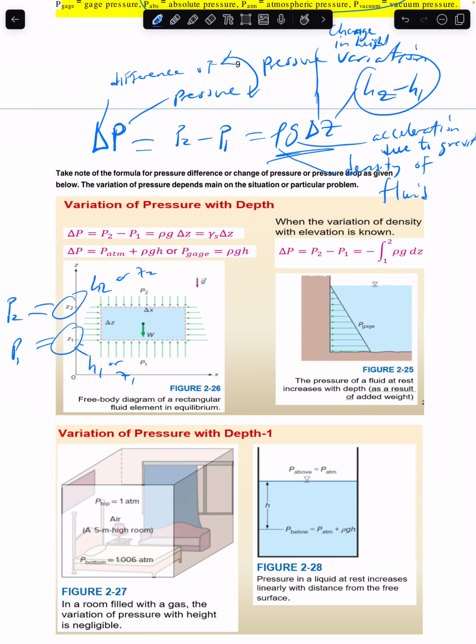That is still used for pressure difference. In fact, it could still be calculated by using this formula.